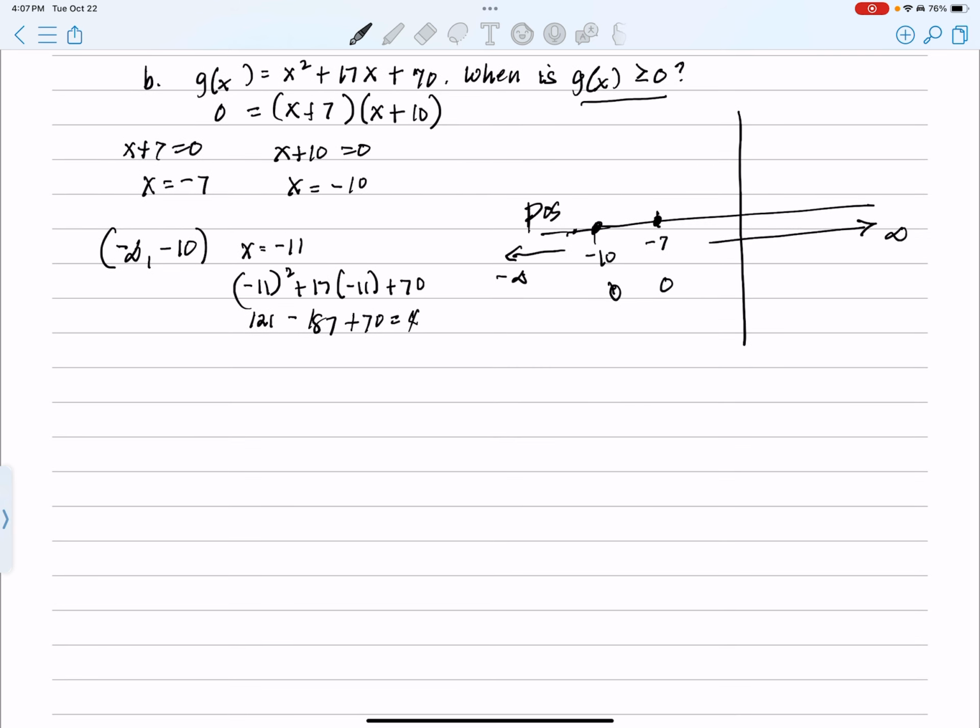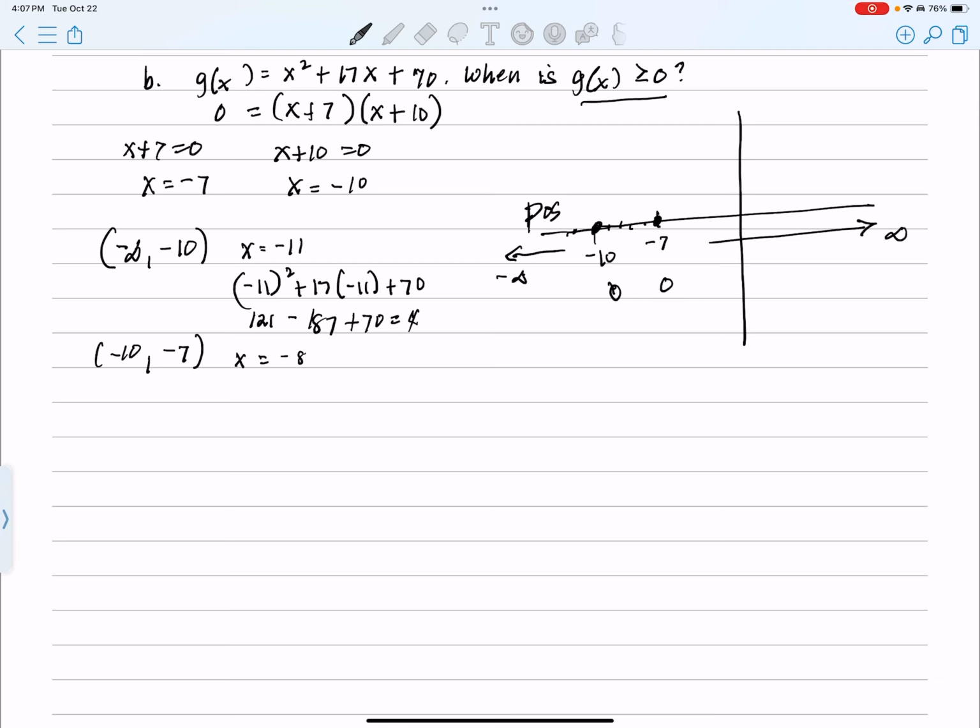How about at negative 10? Negative 10 is 0. Then let's have the interval of negative 10 to negative 7. Let's use a number between negative 7 and negative 10, let's say negative 8.